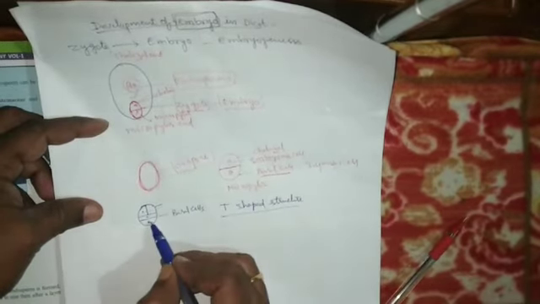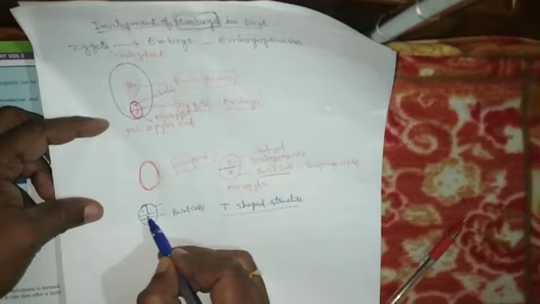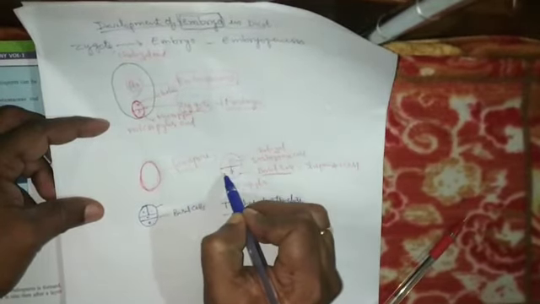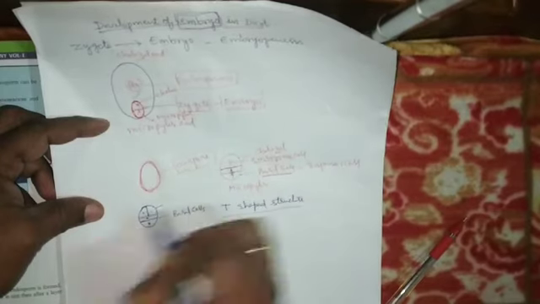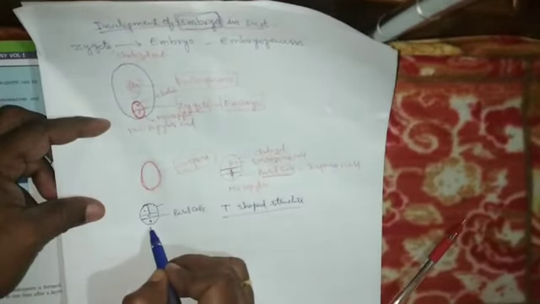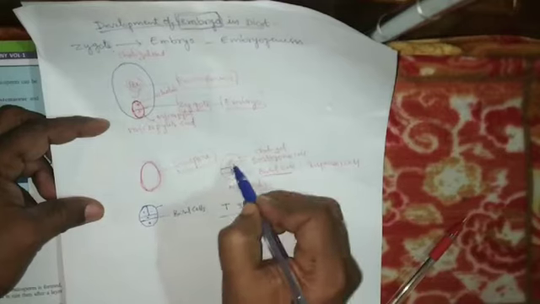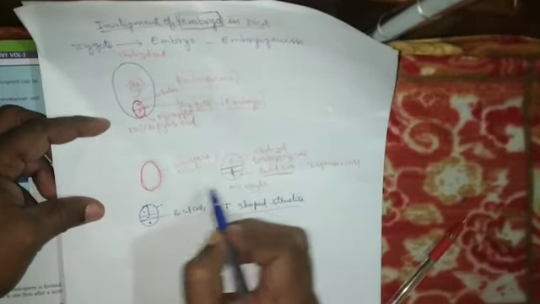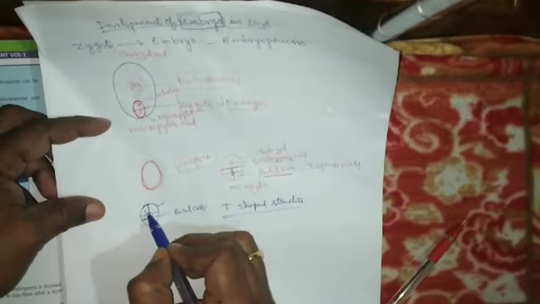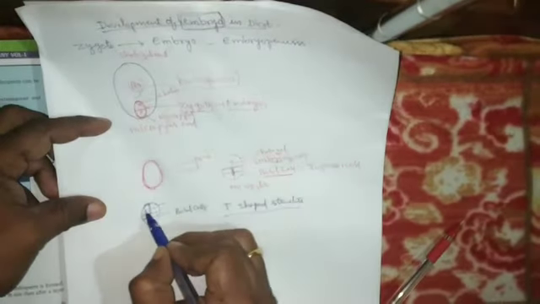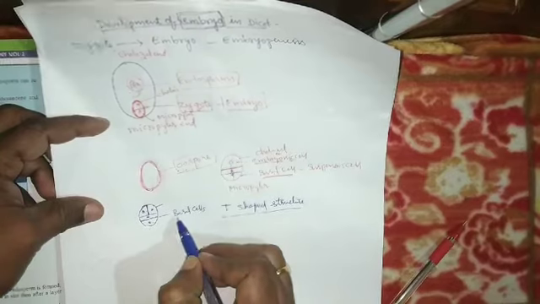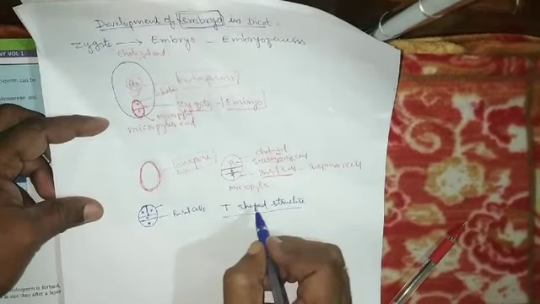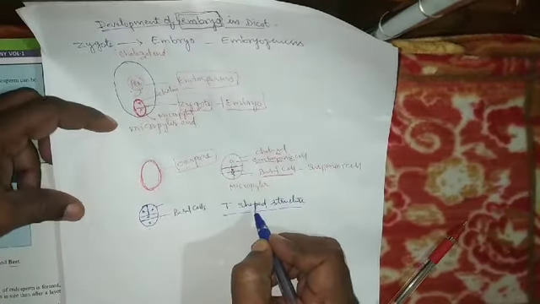How are these four cells formed? The basal cell is divided transversely and forms two cells at the base in the micropylar side, and the apical cell, which is the embryonic cell, divides vertically and forms two cells. Now a four-celled structure is formed, the T-shaped structure.